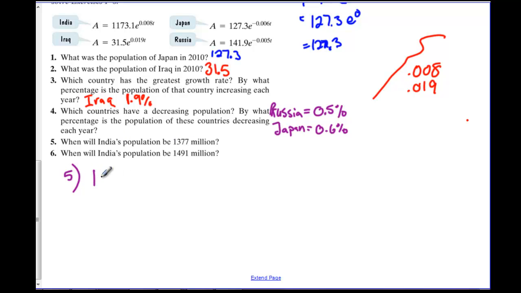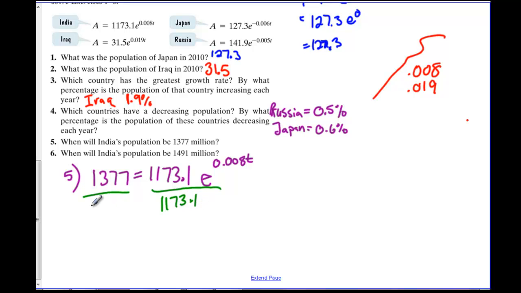So we're going to take that 1,377 equals, we're using India, 1,173.1 e to the 0.008 t power. Our first step is what? Divide. Perfect. So we're dividing both sides by that 1,173.1.